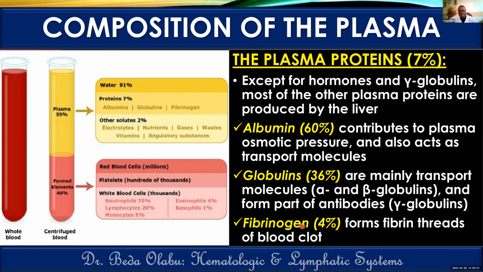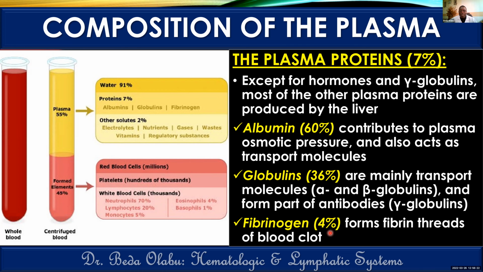Then we have fibrinogen. Fibrinogen is a soluble protein material. It is present in its soluble form, but when a blood clot is forming, fibrinogen becomes converted to fibrin. This fibrin forms some threads which are visible on a clot. So fibrinogen is a clotting factor, basically.